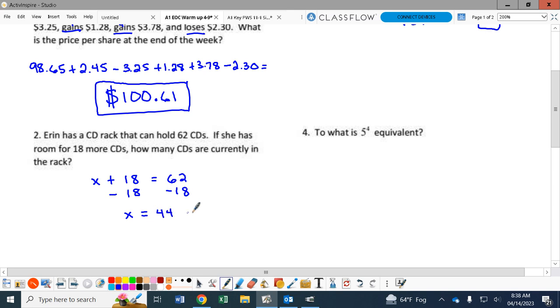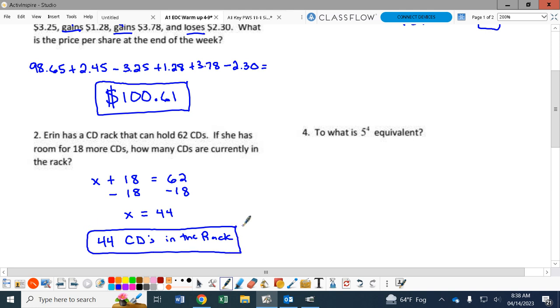Now you need to answer the question being asked. So how many CDs? There are 44 CDs in the rack. That's how many are currently in the rack. Again, guys, on the EOC, if it doesn't ask you for an equation, just do 62 minus 18. But they could absolutely ask you to write the equation for it first and then solve it.